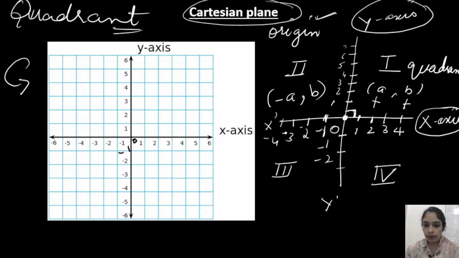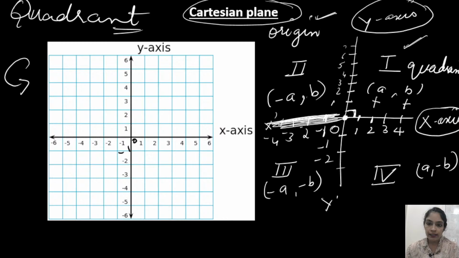In the third quadrant you can see the numbers: here negative numbers, here also negative numbers. So x is negative and y is negative. In the fourth quadrant, x is positive and y is negative. I'll just repeat. First quadrant, both x and y are positive. Second quadrant, x is negative, from the number line you can easily see this part, the quadrant is facing this part.